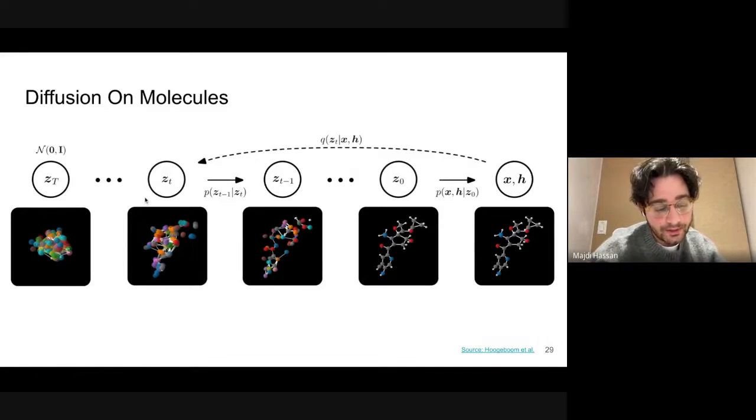In images, we do this with the RGB values on the pixels. For molecules, if you're doing conformer generation, you just do the diffusion on the positions of the atom coordinates. And if you're trying to generate new molecules, you do the positions and the atom features.